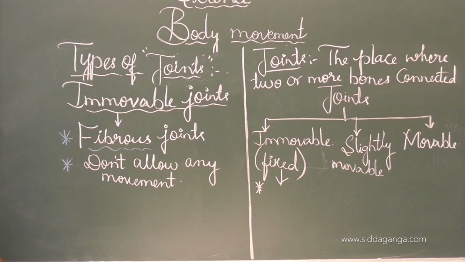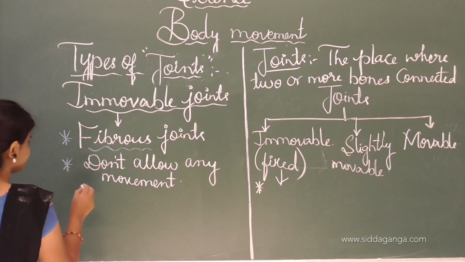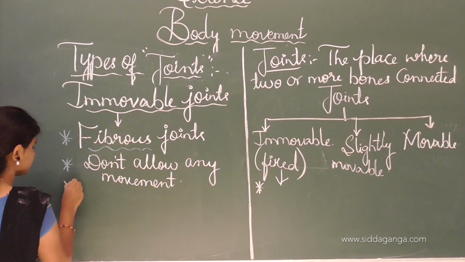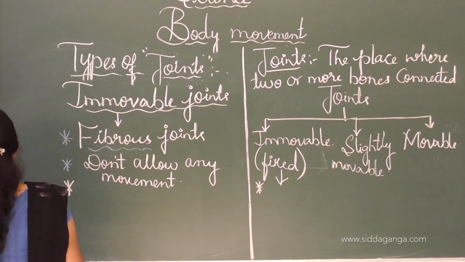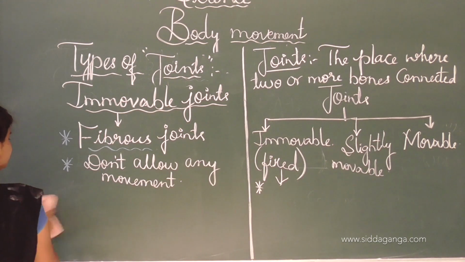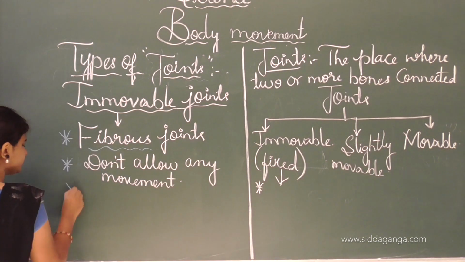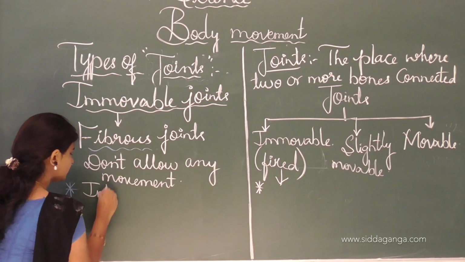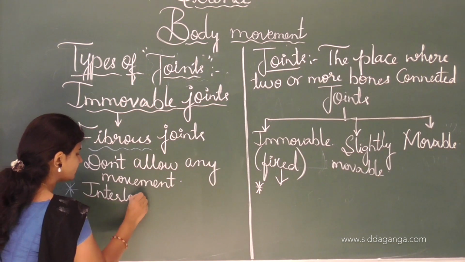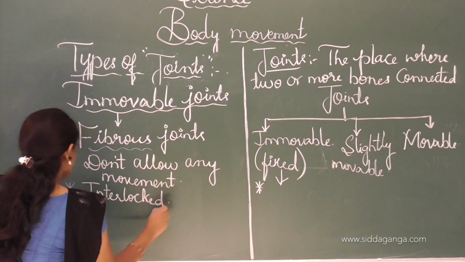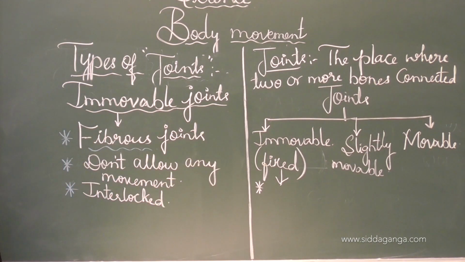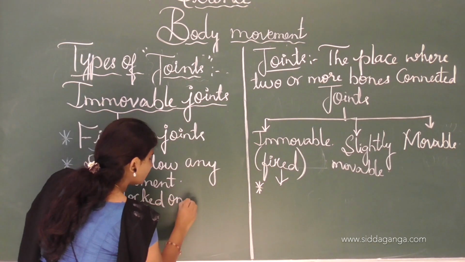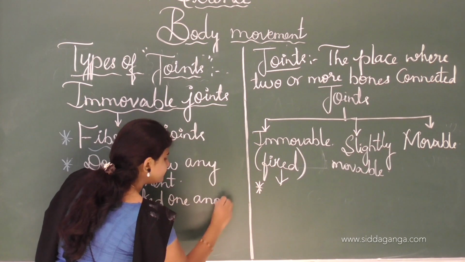And one more characteristic feature of these joints is that they interlock with each other; they are interlocked or interconnected with one another.